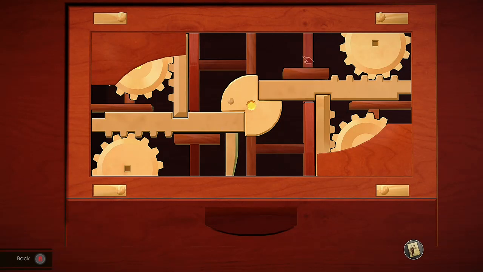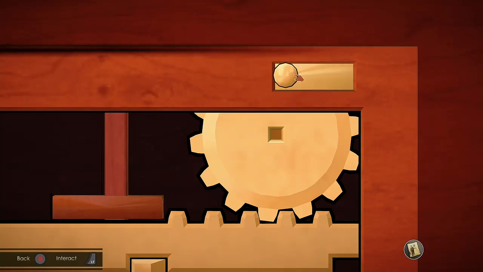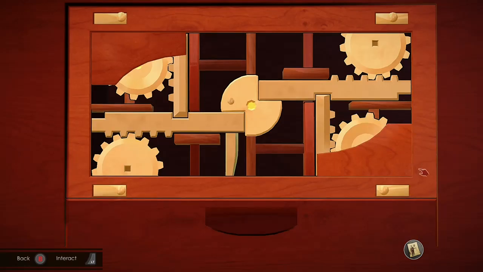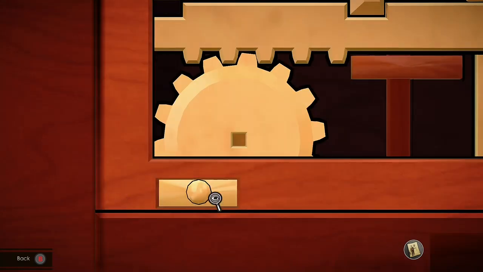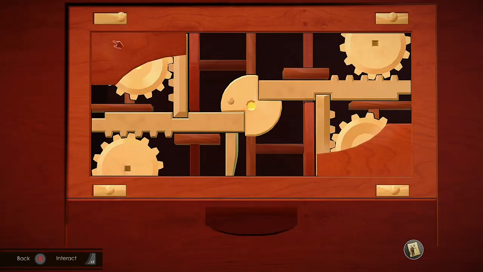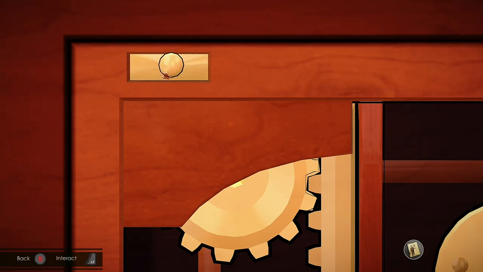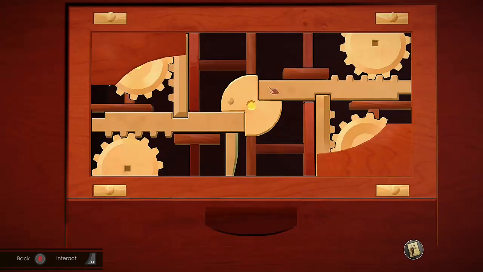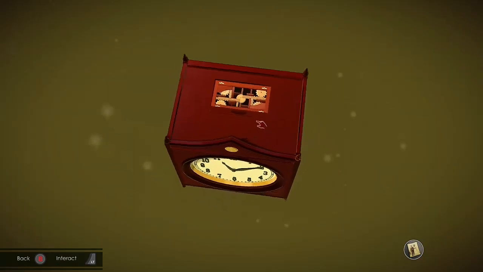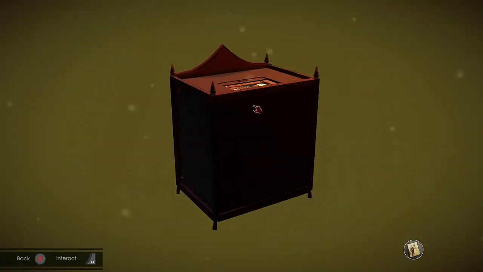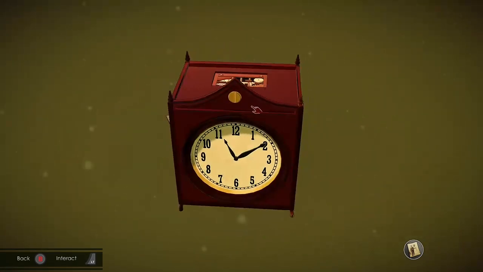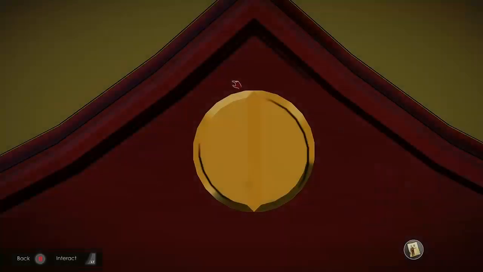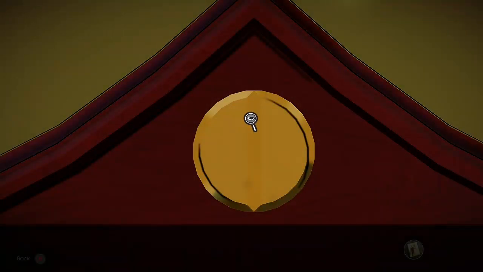Well, how am I meant to... I don't know, maybe if I put all these in the center. Okay, maybe not. Is there a clue? This metal disc.